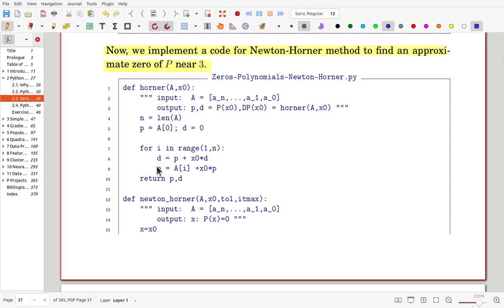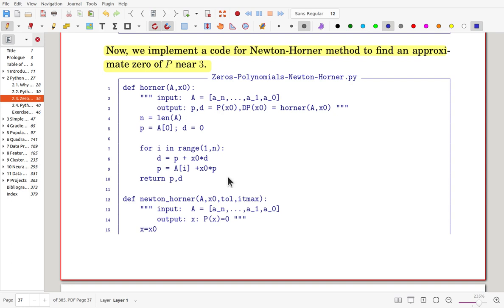We will not go into the detail, but this is Horner's method to get the polynomial value and polynomial derivative value, applying Horner's algorithm twice.